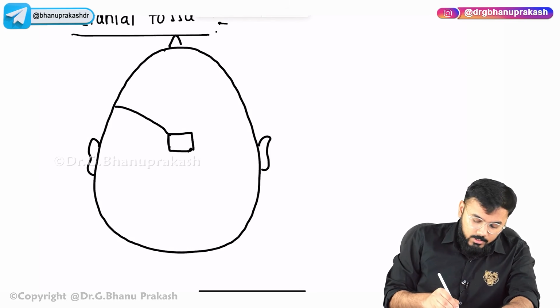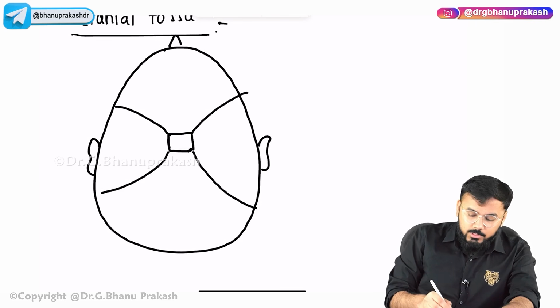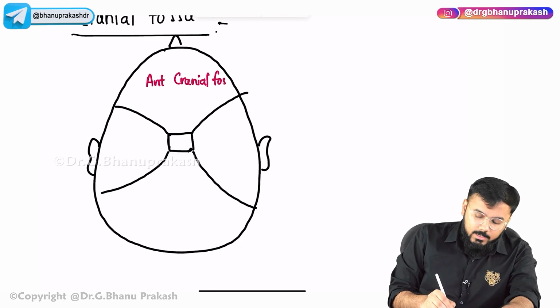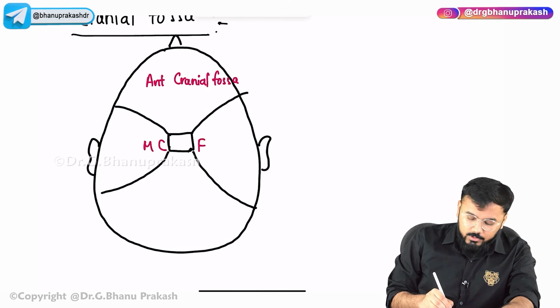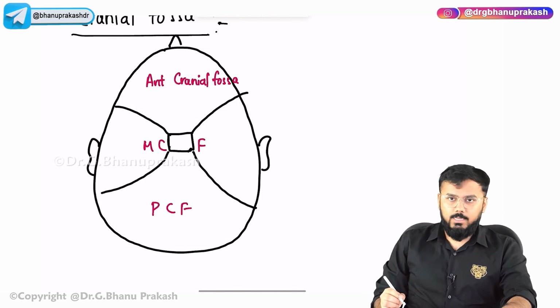The fossa which I am drawing right now, this particular fossa over here, is called the anterior cranial fossa. Here you have got the middle cranial fossa, and this is called the posterior cranial fossa. In this way we have got three cranial fossas.